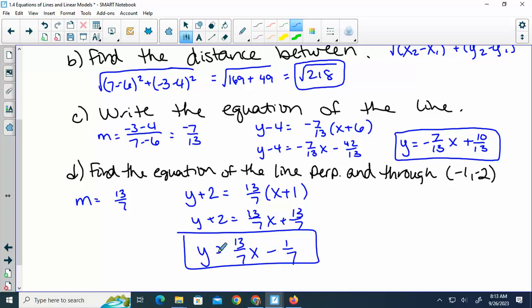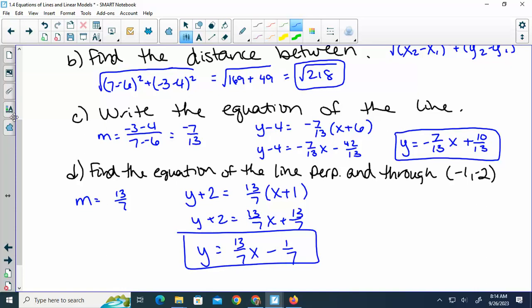Are we okay with the stuff on this page? Let's look at some more examples. Any questions at all on this? If they are parallel, what's true about their slopes? Same. Just kind of a side note, what's the equation of a horizontal line?